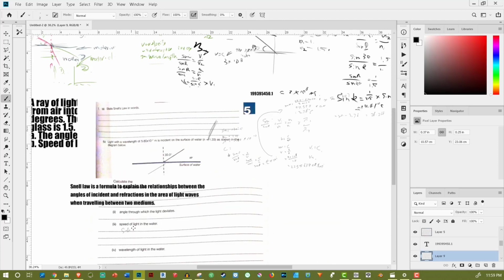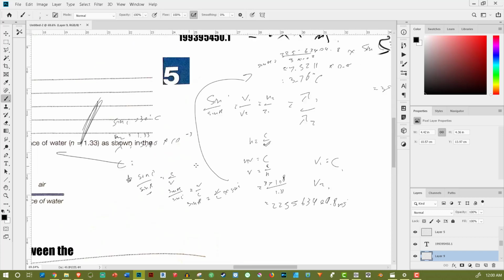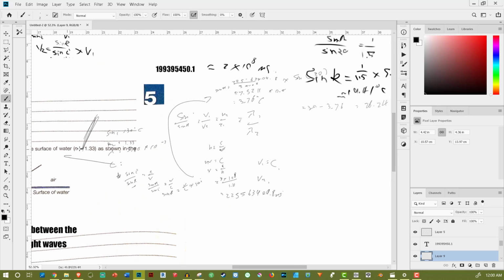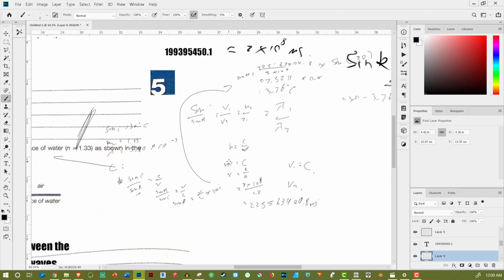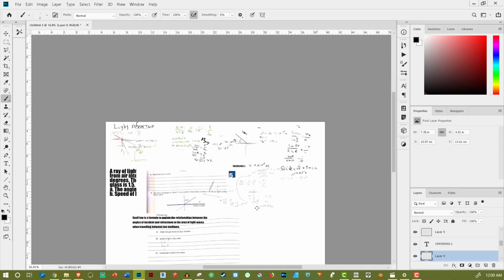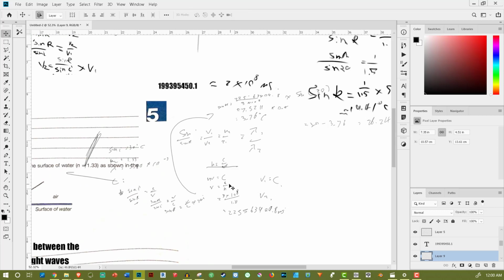So we know sin I, sin R. We know C, speed of light, and with the surface of the water being n, we use n equals C over V. Yeah, we knew that. C over V. Then we change the formula to find V. So yeah, we got it right here.